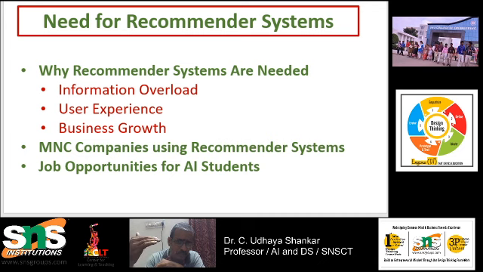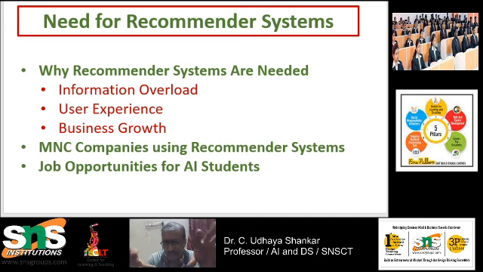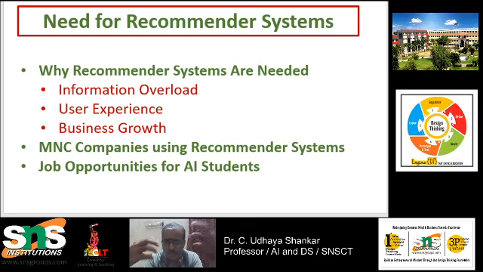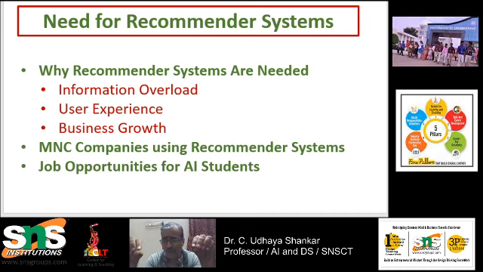Because information is highly overloaded across the web, and it is very difficult to filter it and give the user what he needs. So there is a set of algorithms running at the back end to understand what you search, what you like, and things which are more relevant to you.